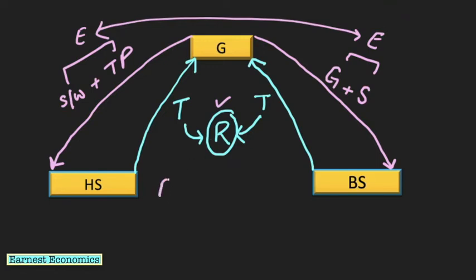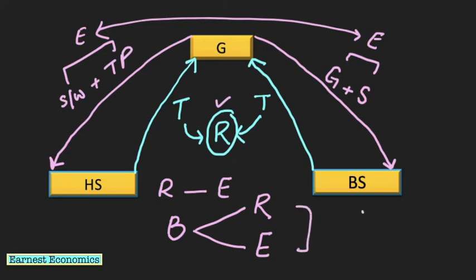Now the relationship between revenue and expenditure is expressed by different governments through budgets. What is a budget? A budget is a statement of total revenue and expenditure of any government for a financial year. Now, depending upon the relative magnitude of revenue and expenditure, there are different types of budgets and budgetary policies.